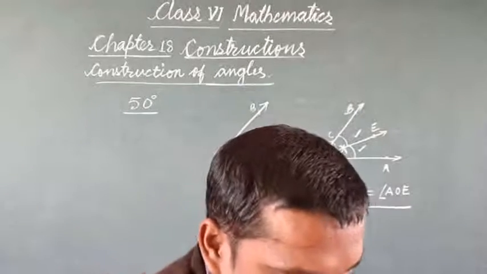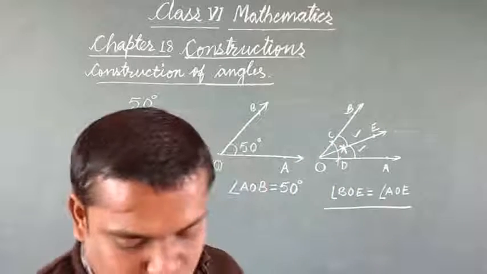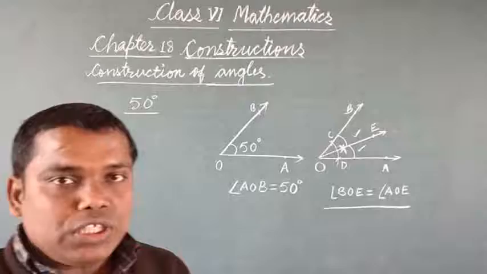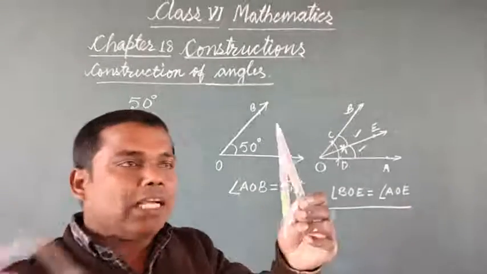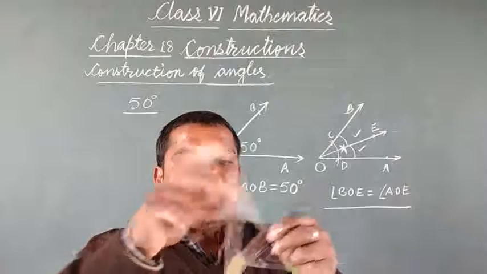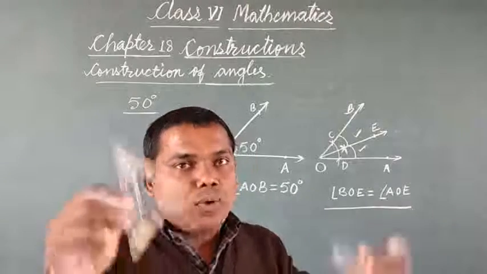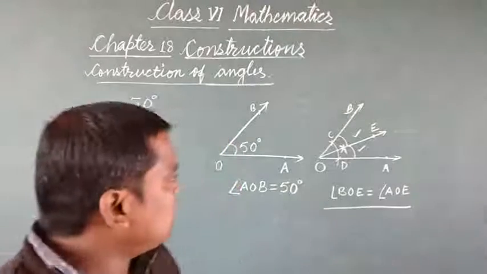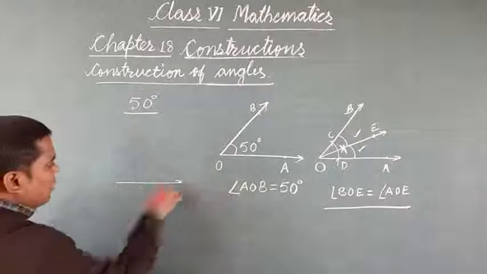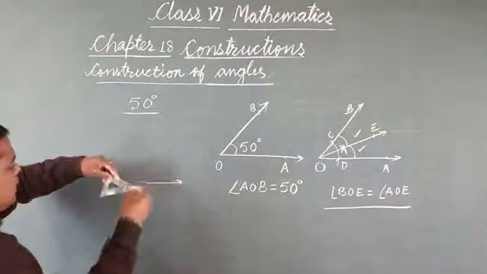Understood? Now, construction of angles using a set square, which you have to learn. Suppose for standard angles, we can draw the angles of 90 degrees, 60 degrees, 30 degrees and 45 degrees using a set square. So it is quite easy. First of all, we draw a baseline here. Suppose we draw a 60 degree angle.